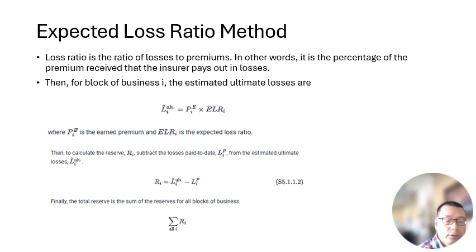Then to calculate the reserve R_i, subtract losses paid to date L_i paid from the estimated ultimate losses L_i ultimate. So reserve R_i is L_i ultimate minus L_i paid. Finally, the total reserve is the sum of the reserves for all blocks of business, so sum up over all i.